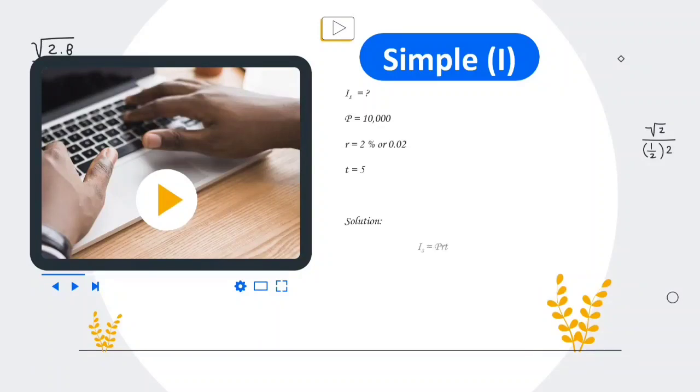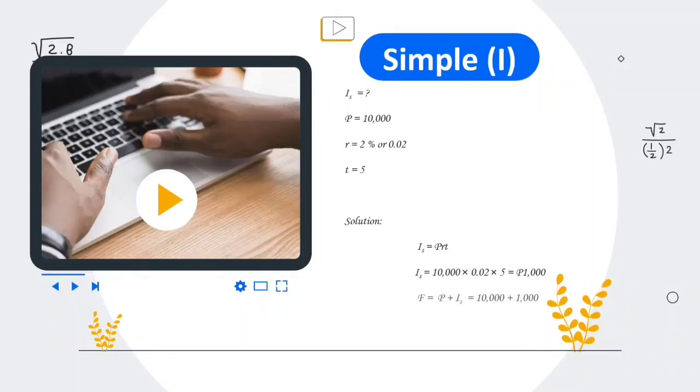So given the formula IS is equal to PRT, substituting the values, that's 10,000 times 0.02 times 5 is equal to 1,000 pesos. So if you use the simple interest, your 10,000 will be the future value: principal plus the IS, which is 10,000 plus the computed simple interest 1,000.